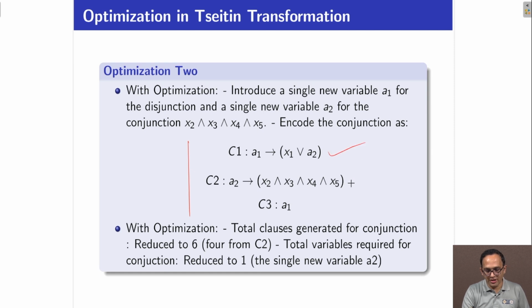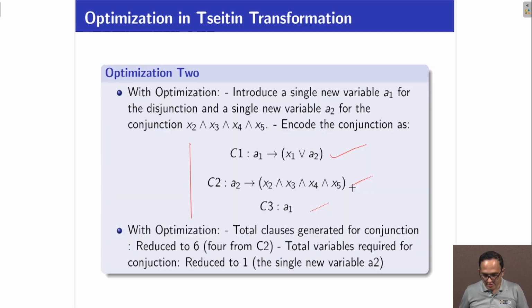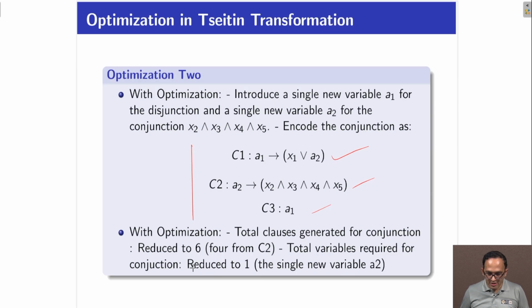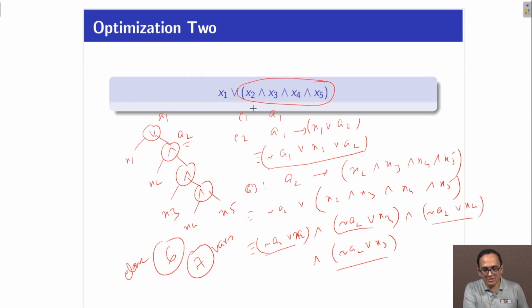So, these are the clauses I will get, and in general it will reduce. In the optimized encoding I will only have one new variable for the entire conjunction of n literals. I will effectively get n minus 1 clauses, because if you see the pattern here, for x2, x3, x4 I get not a2 or x3, not a2 or x2, not a2 or x4 and not a2 or x5.